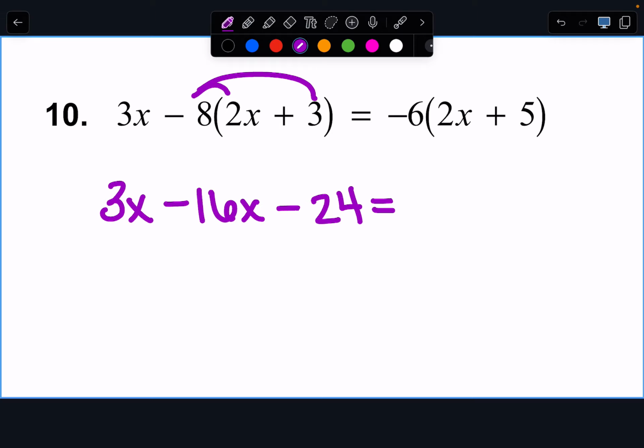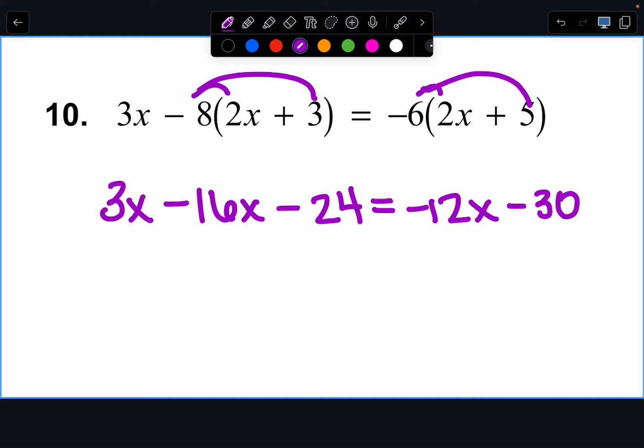Now, one thing at a time. Let's distribute here. Negative 12x minus 30. I am not ready to start moving things across the equal sign. Why not?